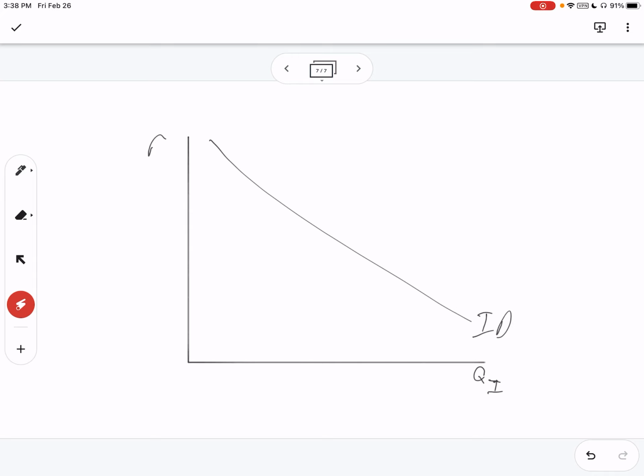All right. And so you might need to know this graph, or you might have to use it. There's not too many FRQs I can think of offhand that really talk about this, but there's not even a supply curve on it. The idea here is that interest rates go down, the quantity of investment demand increases because of what we've said before. If interest rates are lower, banks are less likely to save their money, more likely to invest in capital.